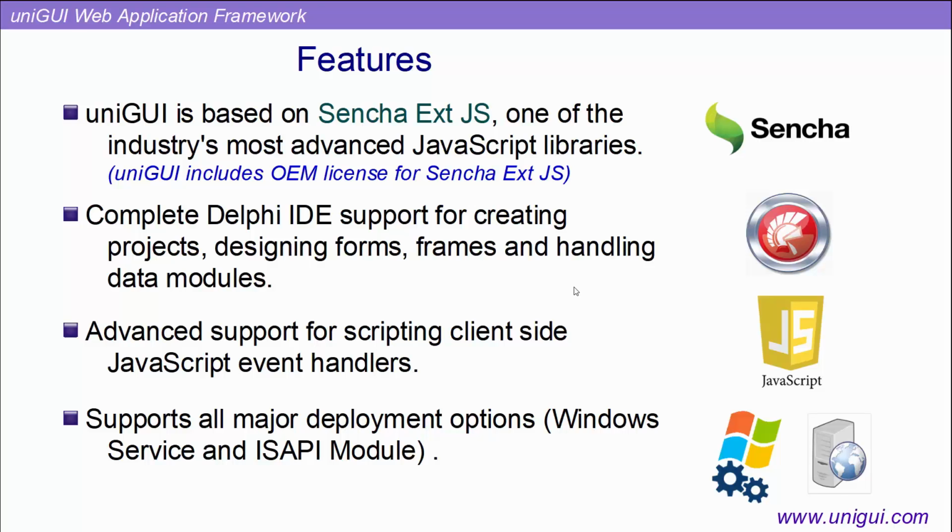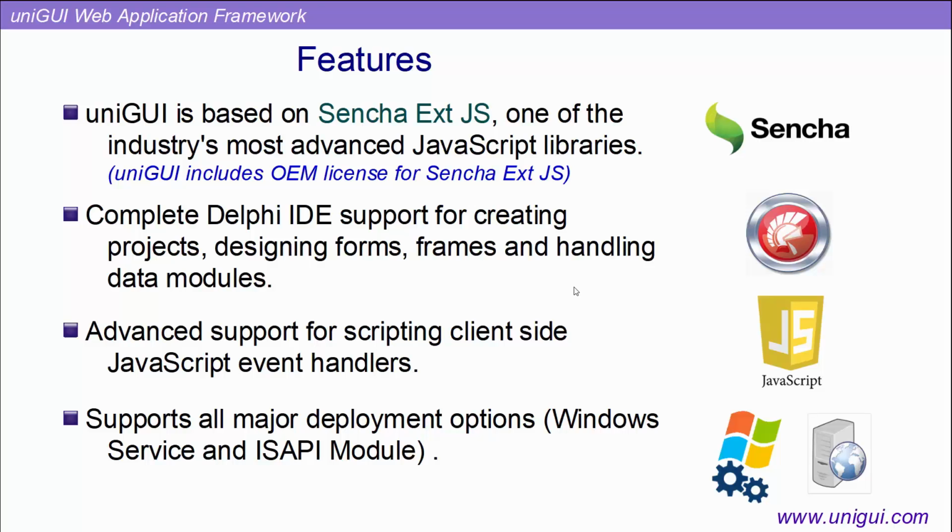With UniGUI, you can create a complete web project without working with common web technologies such as HTML, JavaScript, and CSS. All required client-side code is dynamically generated by UniGUI. But there are cases where you may want to directly work with JavaScript and customize your application behavior by writing custom JavaScript event handlers.